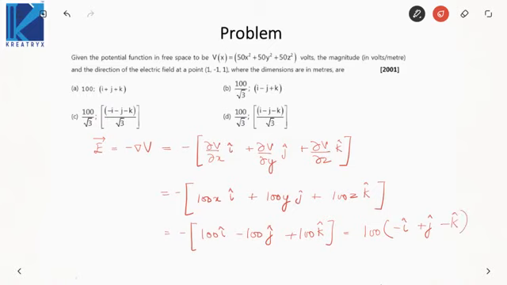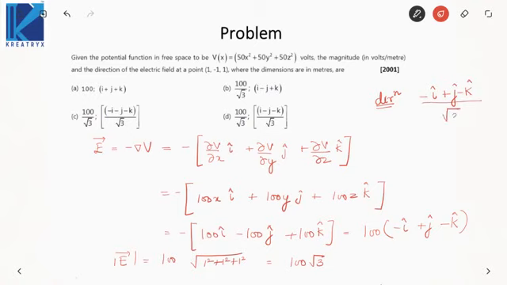So what is the magnitude? 100 times root of 1 square plus 1 square plus 1 square, that is 100 root 3. Okay. And what about the direction? The direction is the unit vector in the direction of electric field.